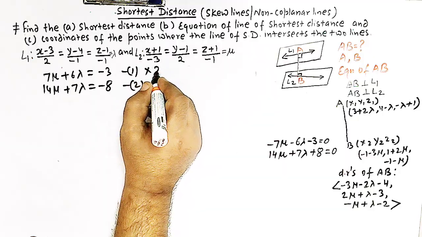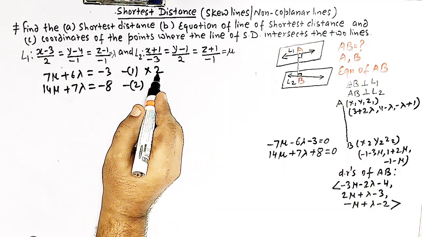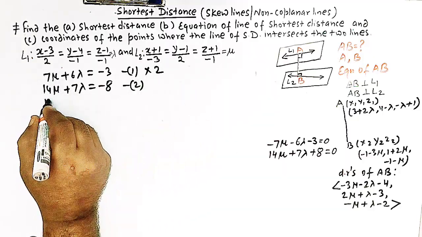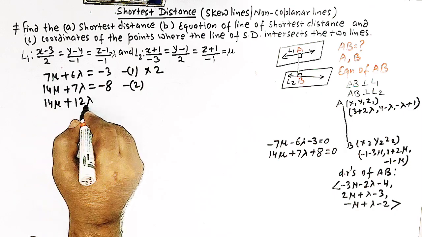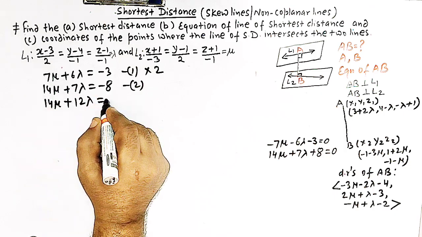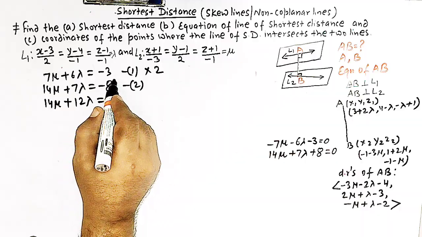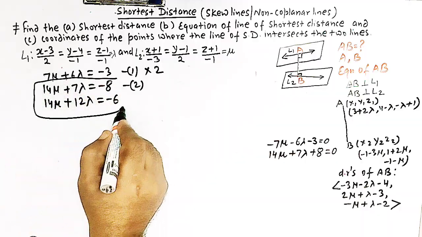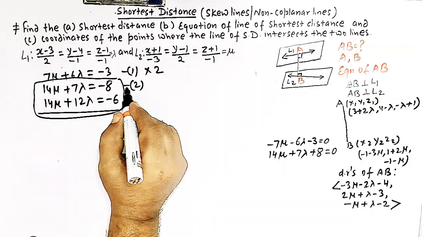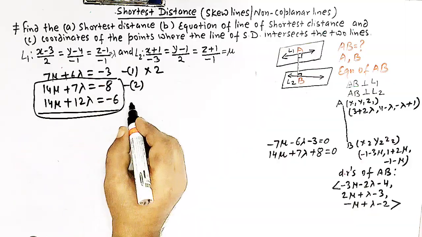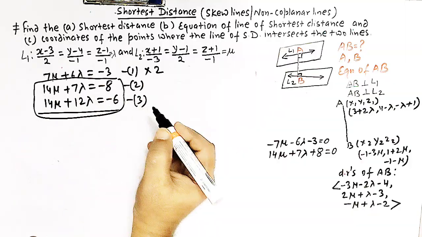So let us multiply equation 1 by 2. So here we have 14 mu, then we have 12 lambda, and here we have minus 6. We can call this equation 3.